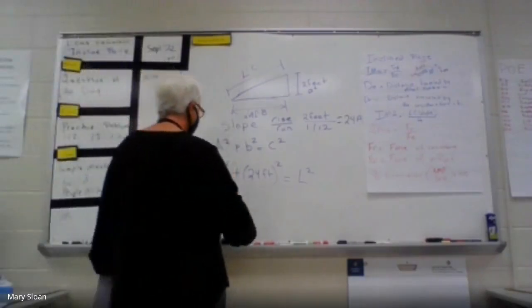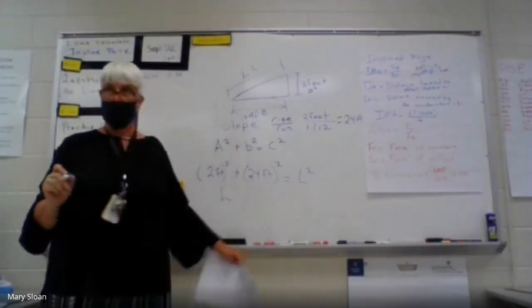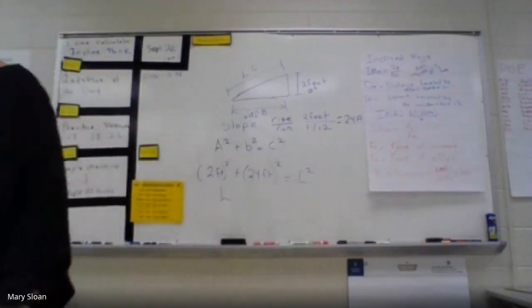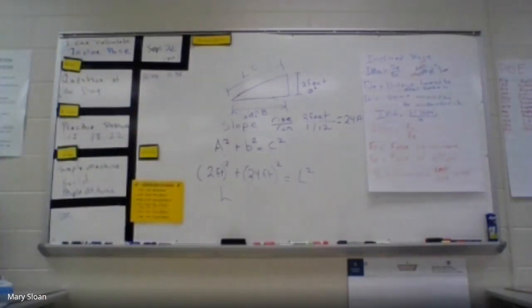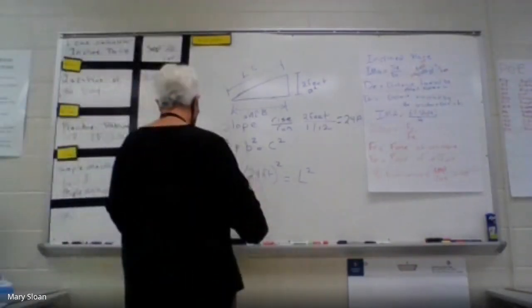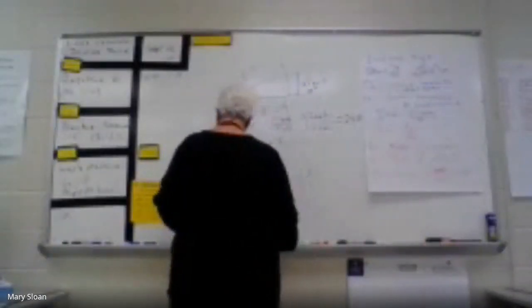So, how do we find L? Because we don't want L squared, we want L. How do you change the formula to just get L? You figure out what 2 times 4 is. You square root everything.